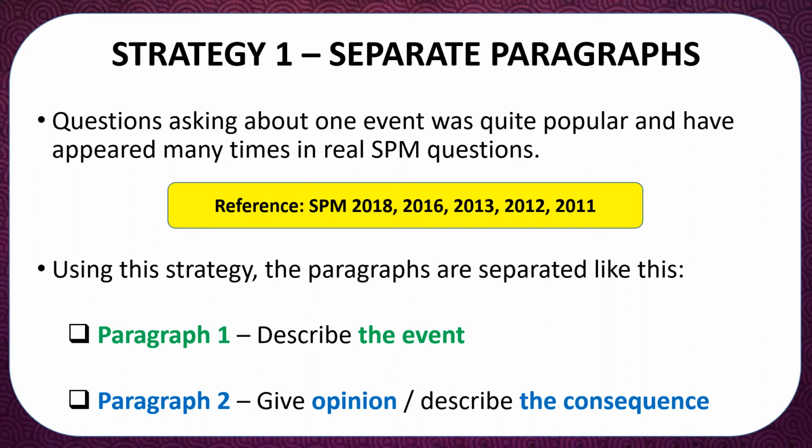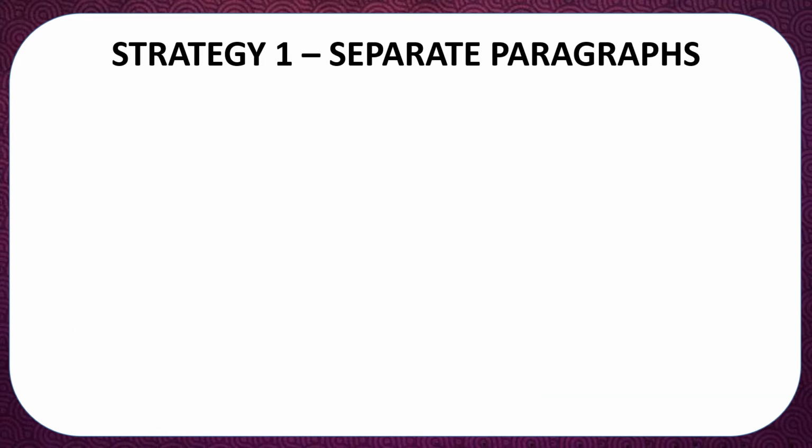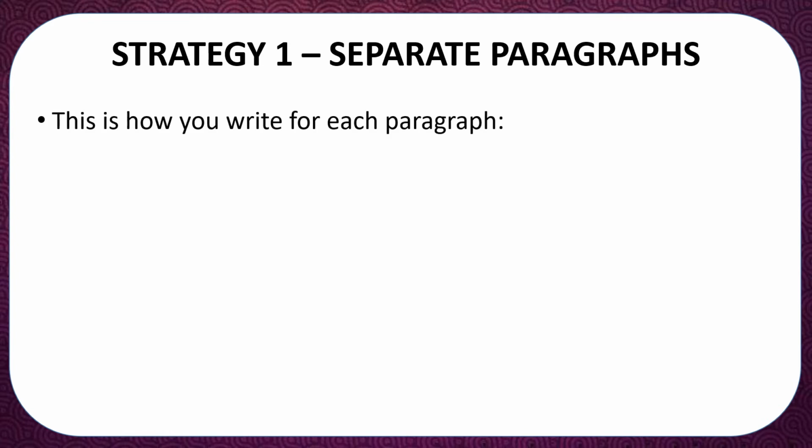Depending on what the question asks you, paragraph 2 may change. Either you write your opinion or you write about the consequences. But basically, even the consequences require your opinion.